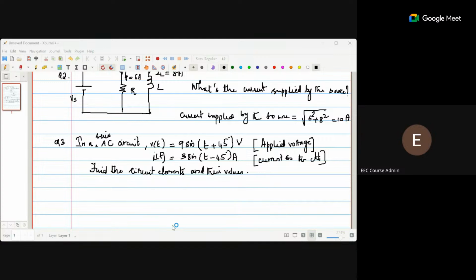Voltage. So then we can make out that the circuit will contain an inductor in combination with a resistor. Then you need to find out the values.